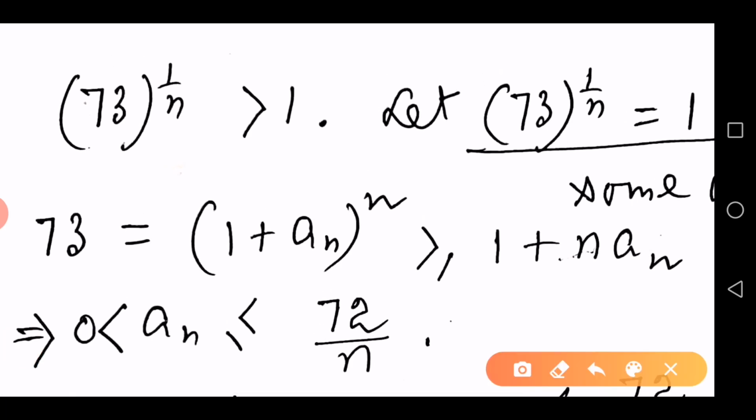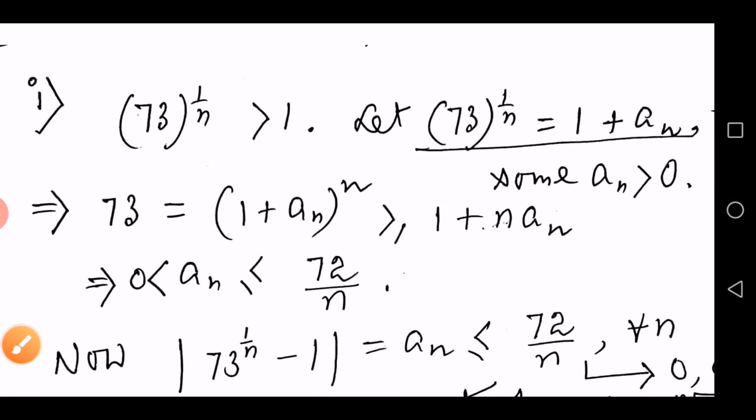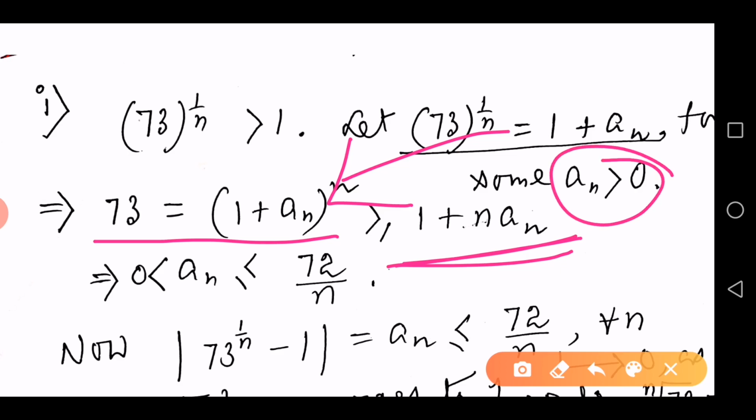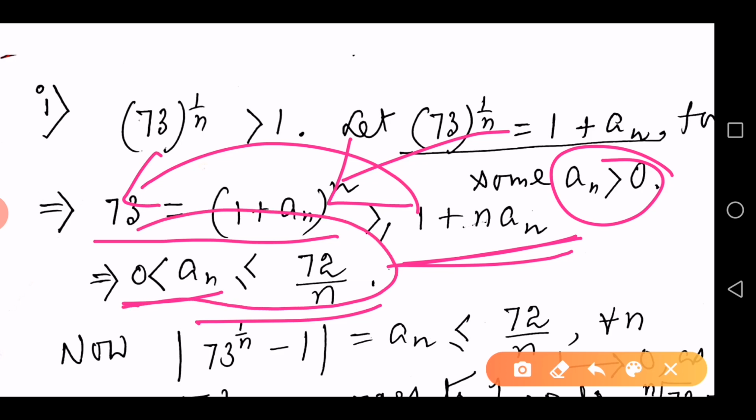Therefore, raising to the power n, we have 73 is equal to 1 plus an whole to the power n, which is greater than or equal to 1 plus n an, because we are not writing the entire terms, only two terms. So an is greater than 0 and an less than or equal to 72 by n. After taking 1 to this side, we get 72 and thereby dividing by n. So we are getting 0 less than an less than or equal to 72 by n.